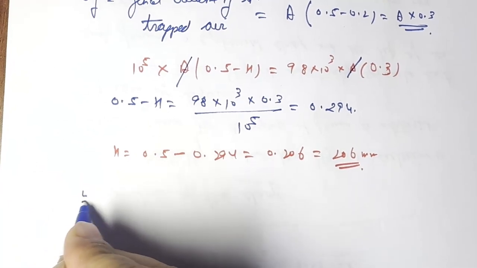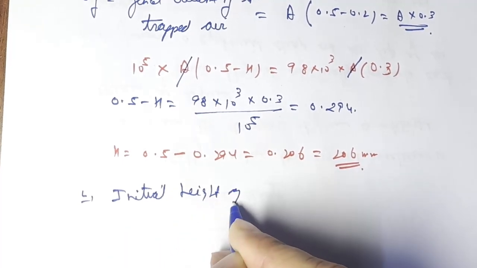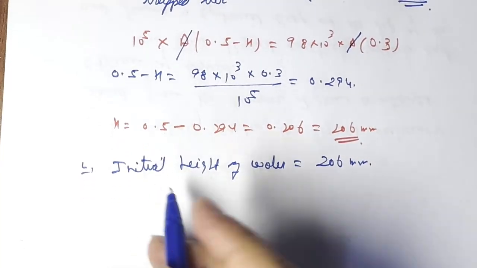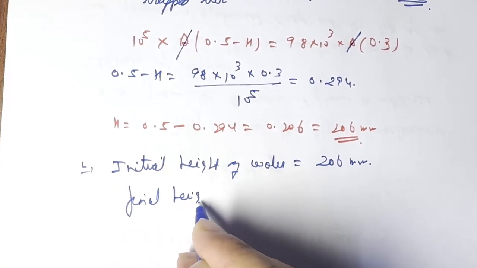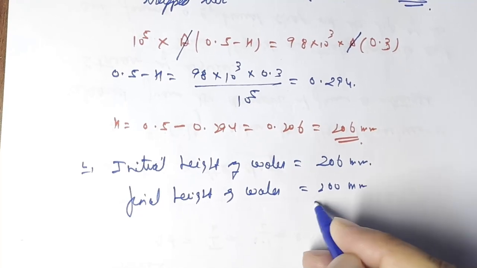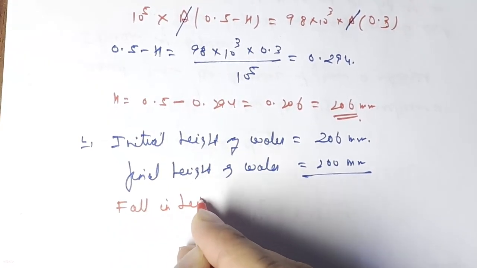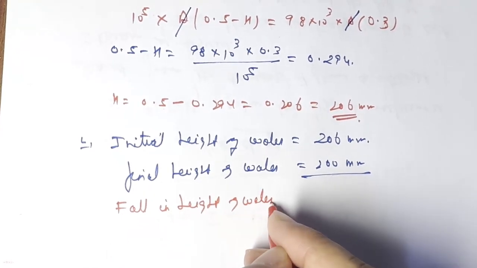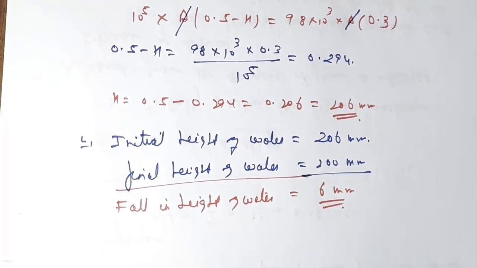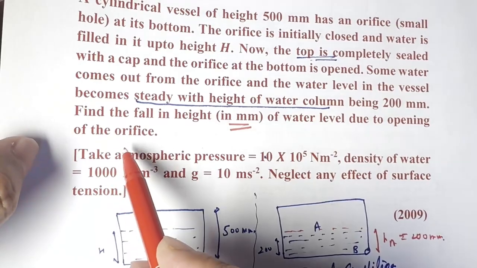So the initial height of water is 206 mm and the final height of water is 200 mm. The fall in height of water, we subtract them, comes as 6 millimeter, and that was asked in the question: find the fall in height in millimeter of the water level due to opening of the orifice.